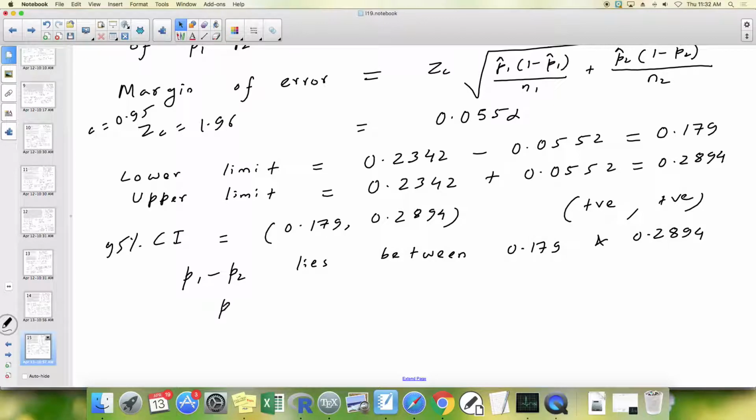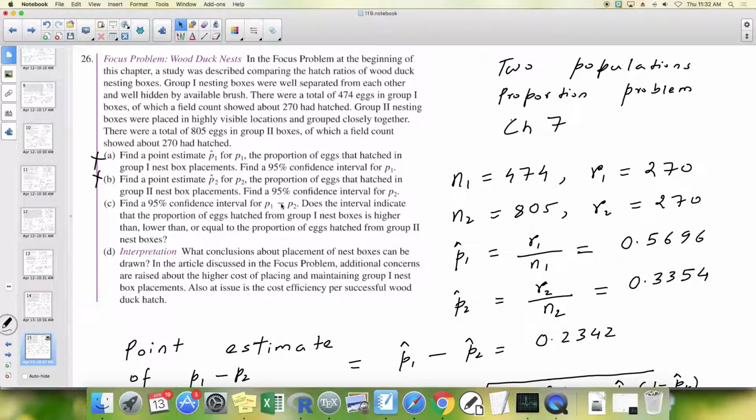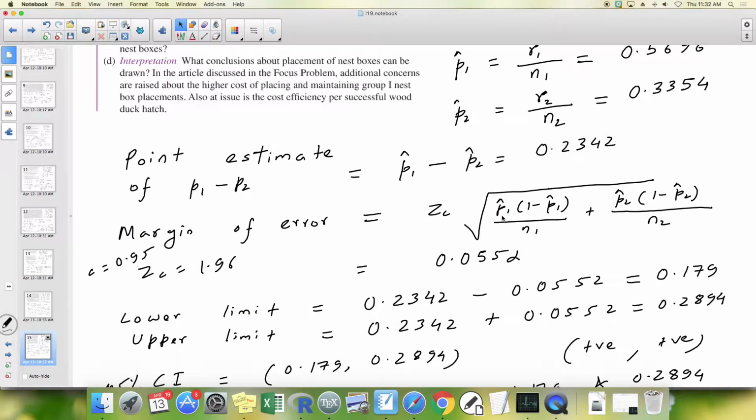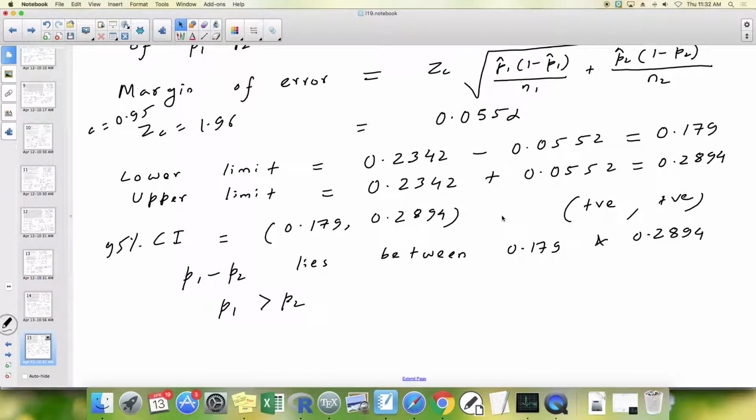That means P1 is bigger than P2, which in this case means the group 1 method is more successful.